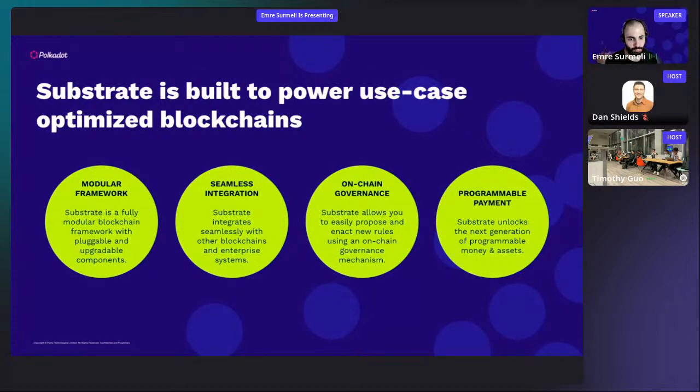Cool. So it's this modular framework, right? It has seamless integration. It has this idea of on-chain governance. For example, how Polkadot was released, well, Kusama first, and then Polkadot, is that it started as a proof of authority network. Proof of authority is something that has super user powers on a single account, and you have the control over them.